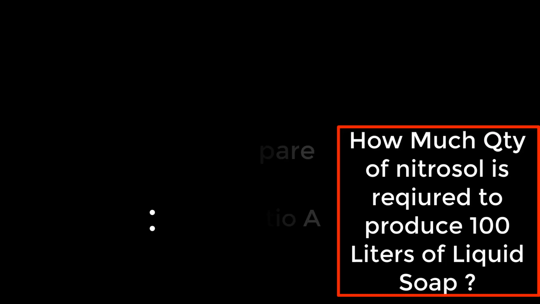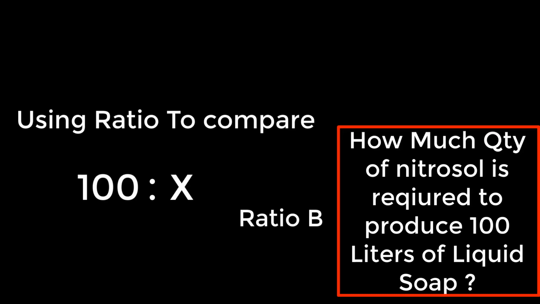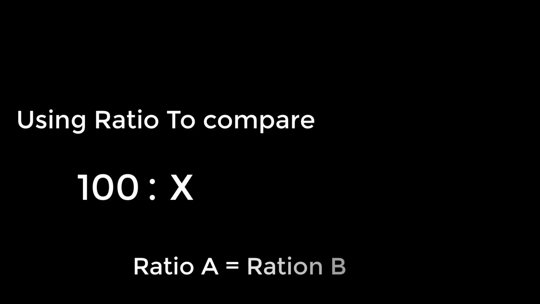And that brings us to ratio B. From this expression, we'll have 100 ratio X, where X is the quantity of nitrosol that is required to produce 100 liters of liquid soap. Now, ratio A is equal to ratio B. So let's bring the two equations together.